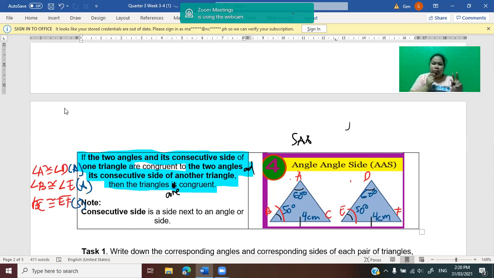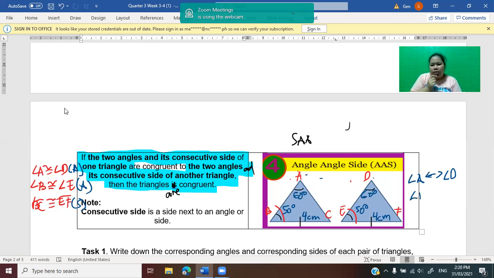Now, let us check dun sa dalawang conditions kung mamimit niya na dapat every pair of corresponding angles are congruent and every pair of corresponding sides are congruent. So, tingnan natin, A and D. So, angle A corresponds to angle D. So, i-check nyo kung parehas sila ng pwesto. So, tama naman.